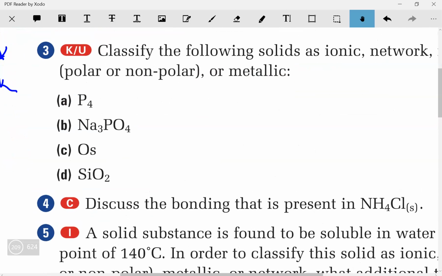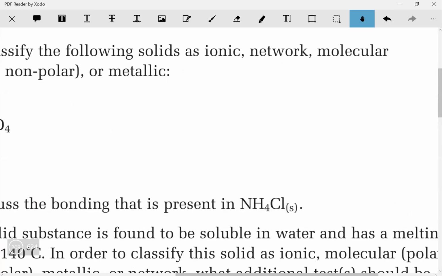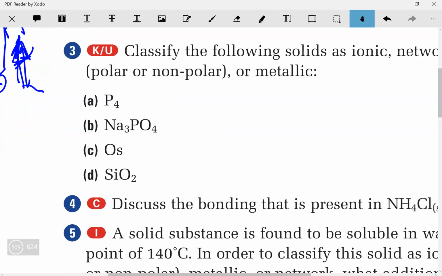Okay, classify the following compounds. Here we go. Here we have P4. Interesting. P4. I would say that would be a covalent. Well, not a covalent. Is it a covalent network? That's a good question. I'd probably say molecular, non-polar.